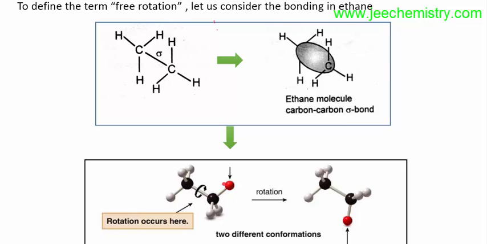I have shown this one in red because I want to show the rotation. Previously the hydrogens were on the upper side, here also on the upper side, but after the rotation the red one has moved some degrees from its original position. It is now slightly under the page, away from us.